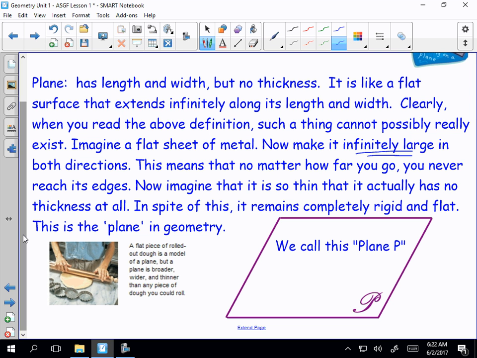They're not something that can technically happen in reality, but in our situation, we need to define the shape. So you think about a tabletop is like a plane. The only problem with the tabletop is it has thickness and it's limited in size, where the plane does technically go on forever in all directions.